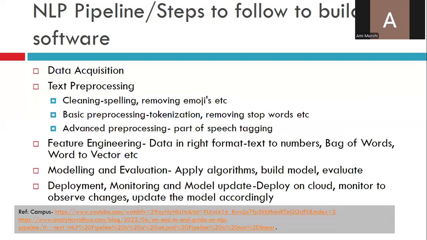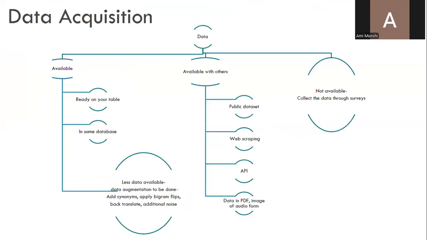The steps that we have just mentioned, let us look into these steps one by one. So data acquisition is the first step. So how do you get the data? Sometimes the data is readily available to you. It might be there in your institute database, and data is structured. It is already available. You can use it. Sometimes the data is available with others.